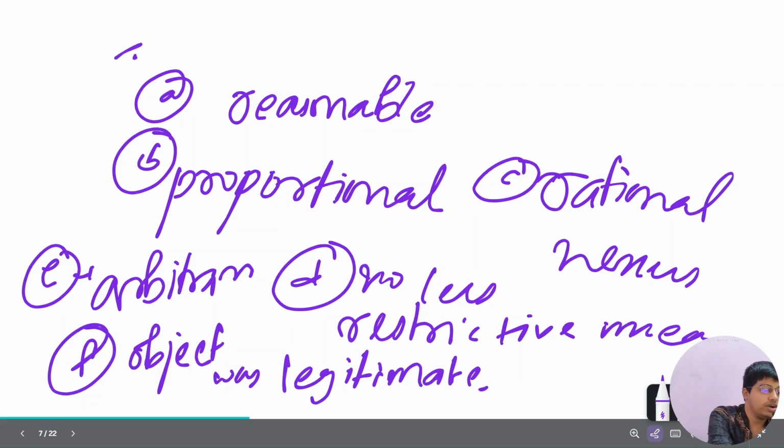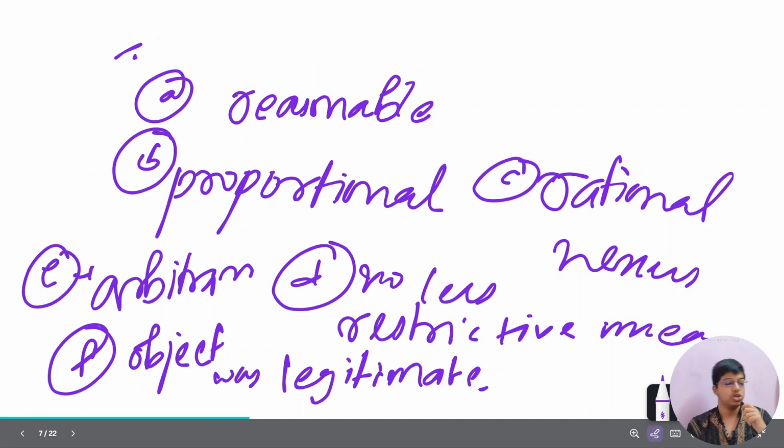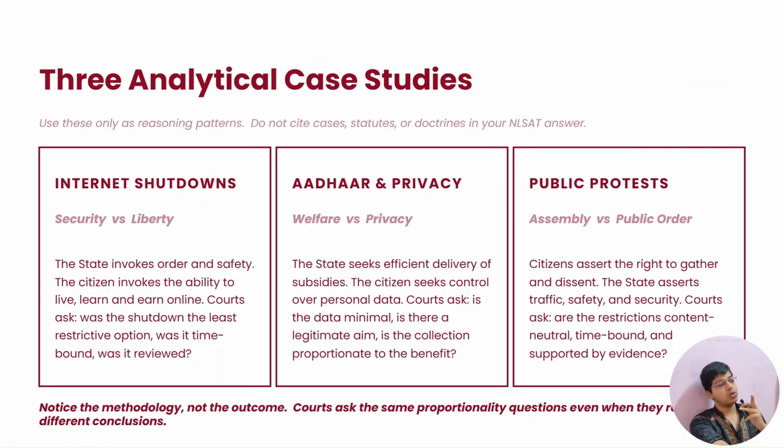These are all what we discussed herein as justifiable grounds for a restriction. See, first we'll talk about reasonableness, second we'll talk about proportionality.